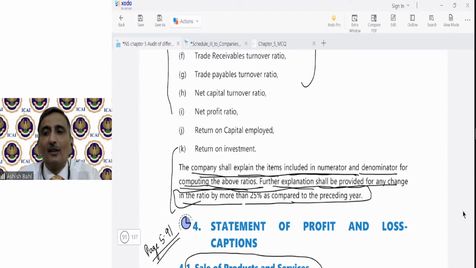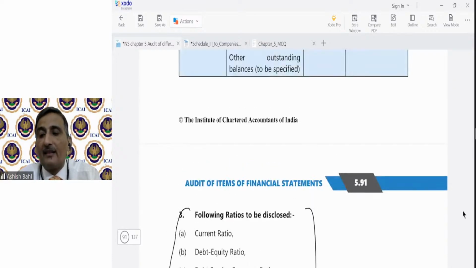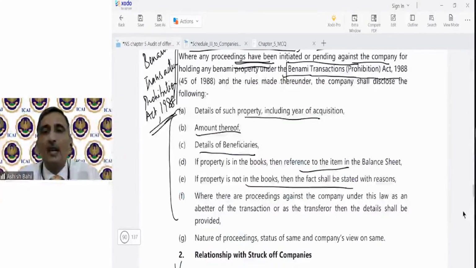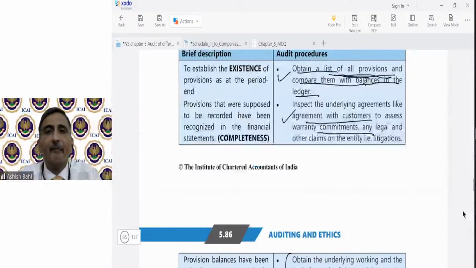Yes, friends, now we quickly go through one remaining item, that is reserve and surpluses. One item, students, was remaining: reserve and surpluses.